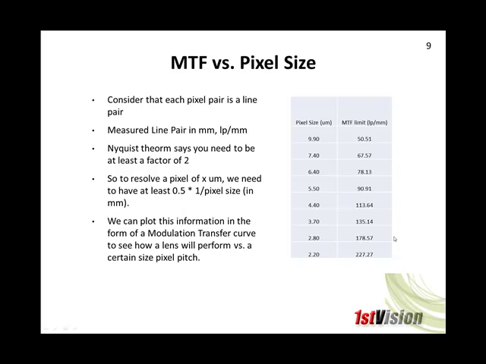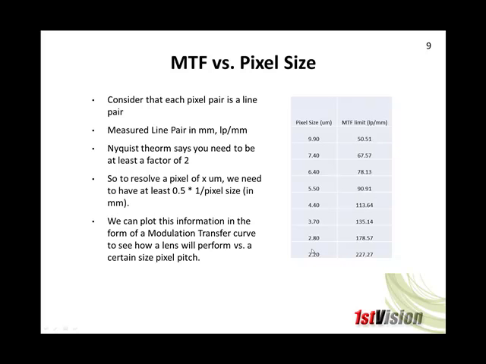This table on the right shows what the MTF would be for standard pixel sizes. So in the Sony 1/2 inch ICX 414 VGA sensor, the pixel size is 9.9 microns. And that would say, by the formula, that we have an MTF limit of 50 line pairs per millimeter.